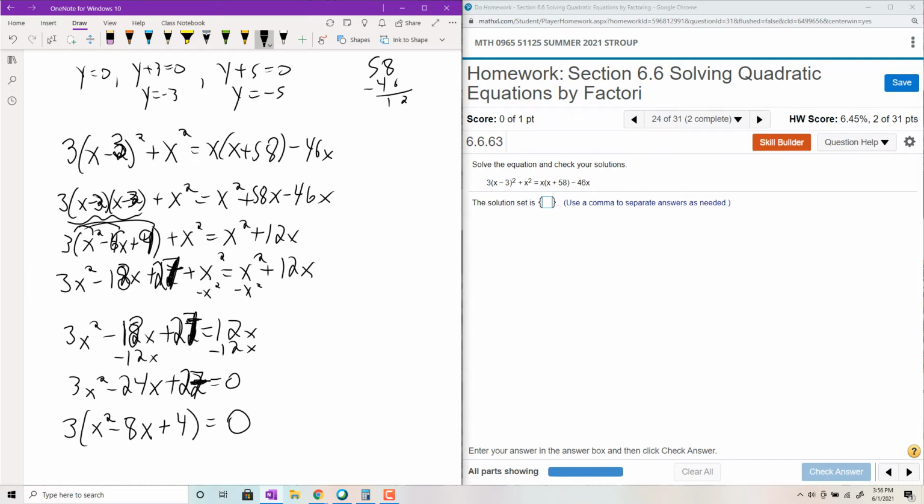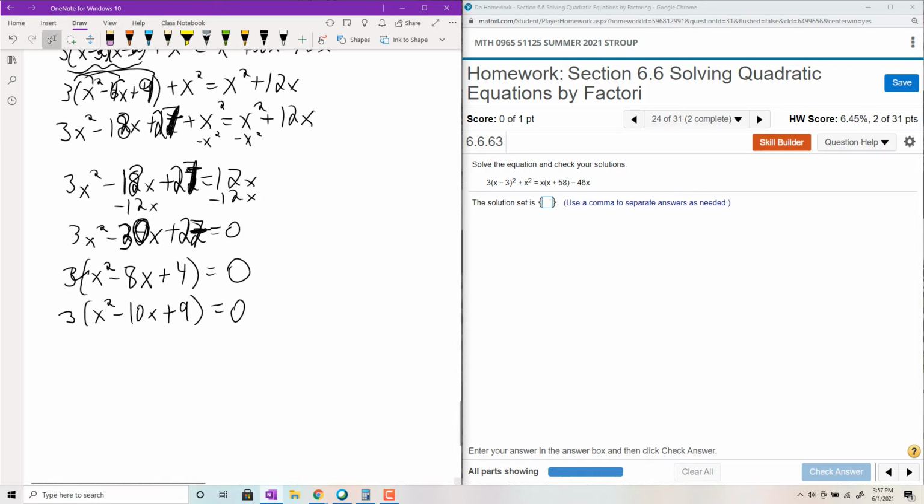And this would be 0, carry a 1, so 30 minus 30. And then this would be 3 times x squared minus, I'm so sorry, 10x plus 9. And then that looks like I could factor it. So 3 times x minus 9, x minus 1.